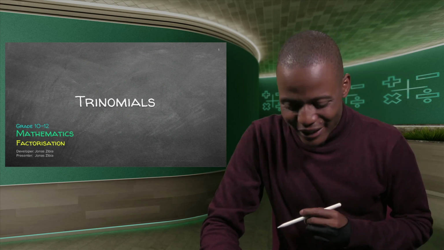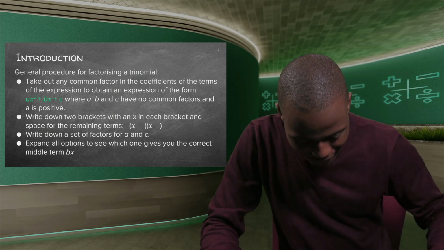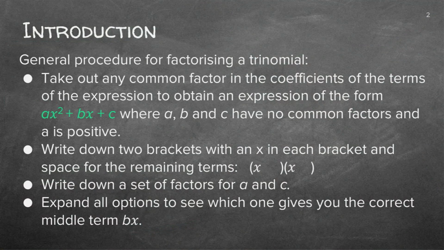All right. So the first part of our lesson looks at the general procedure for factorizing a trinomial. The first thing that you need to do is to always take out any common factor. We must take out any common factor in the coefficients of the terms of the expression to obtain an expression in the form of ax squared plus bx plus c.